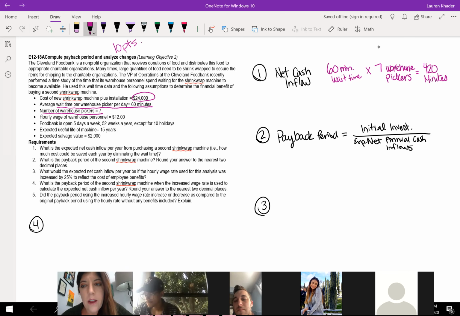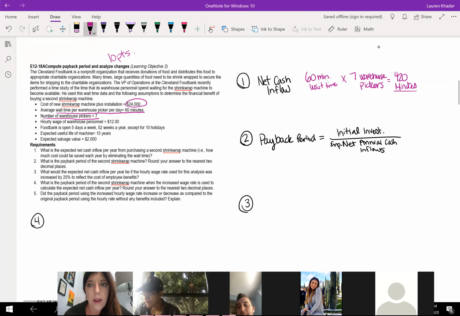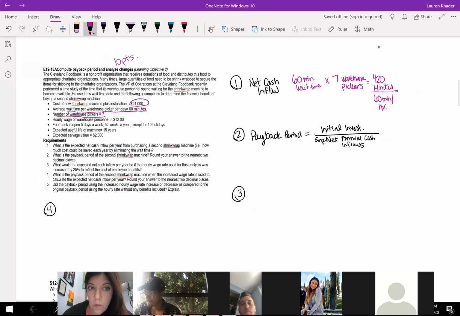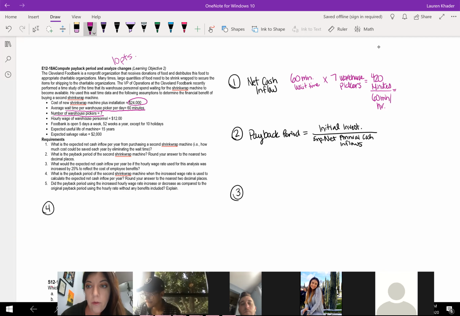And then we're going to divide that by 60 minutes to figure out the number of hours per day. So 420 minutes divided by 60 minutes per hour gives us 7 hours per day.